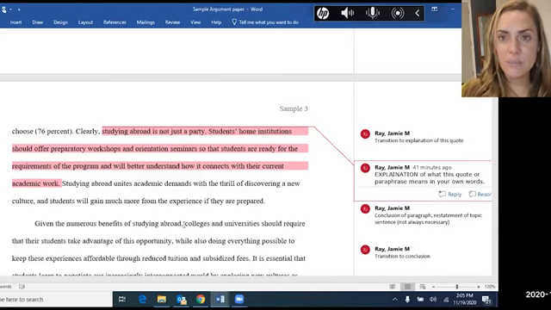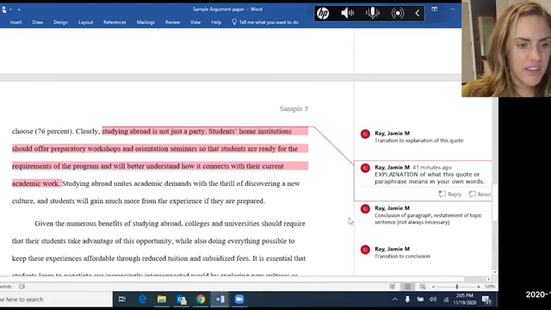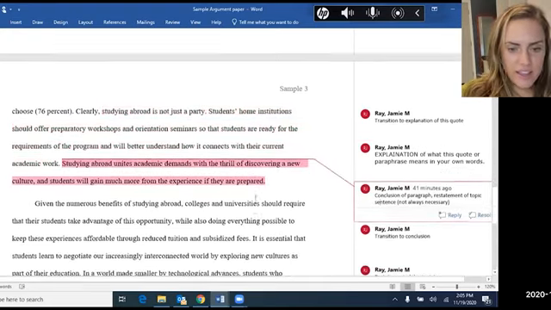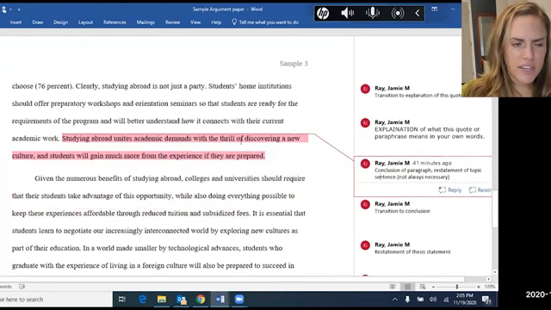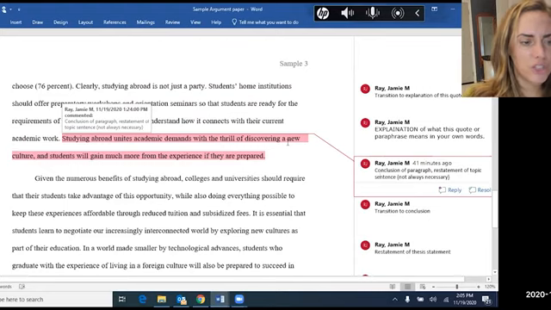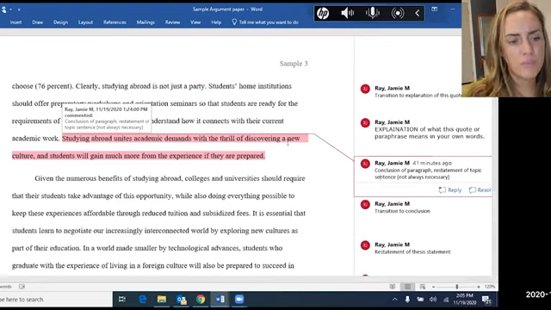This is the explanation of that paraphrase, which proves that this writer's point and argument is right. And then you can conclude. "Studying abroad unites academic demands with the thrill of discovering a new culture, and students will gain much more from the experience if they are prepared."